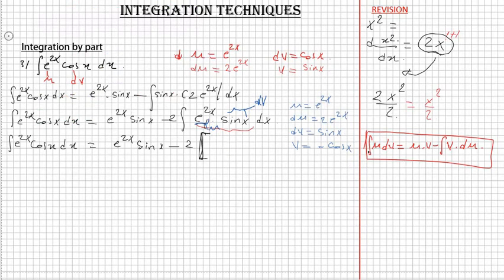So I have u, which is e to the power of 2x, and then v is negative cos x, minus the integral of v, so just copy negative cos x, and then the derivative of u is 2e to the power of 2x, then dx.